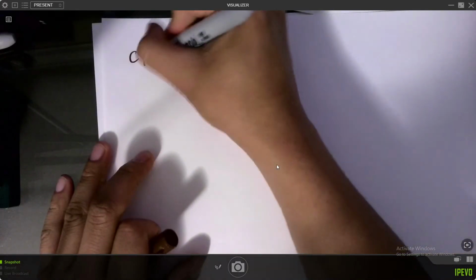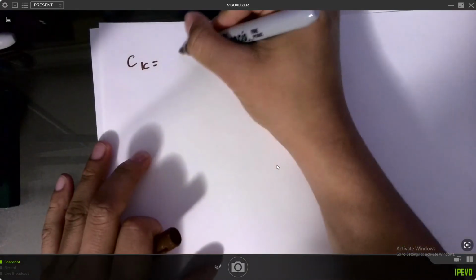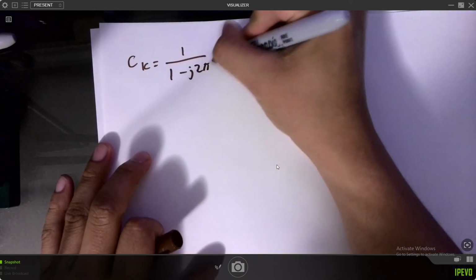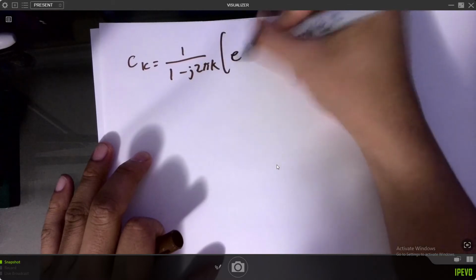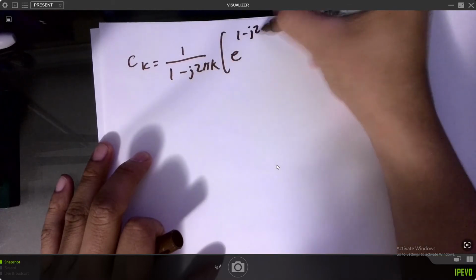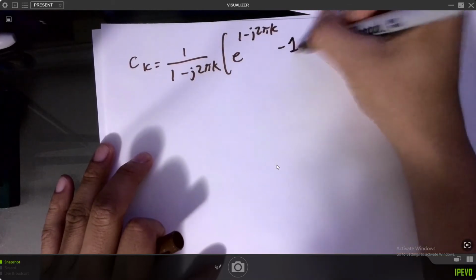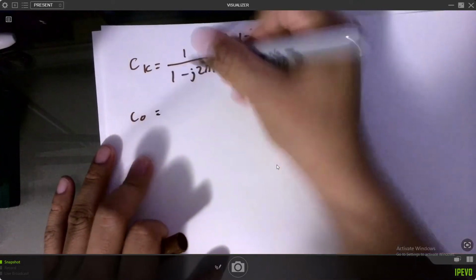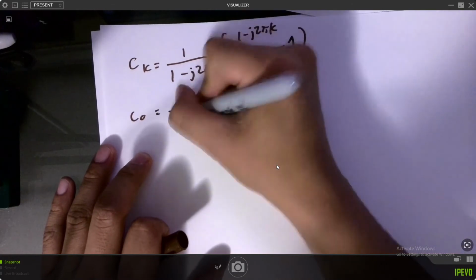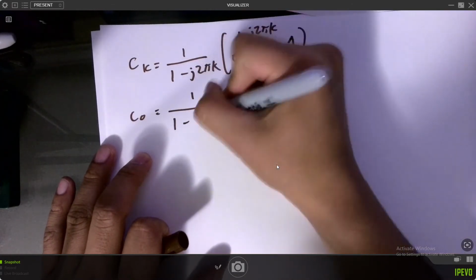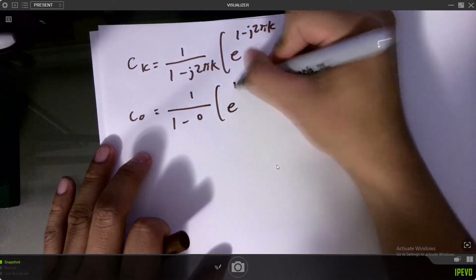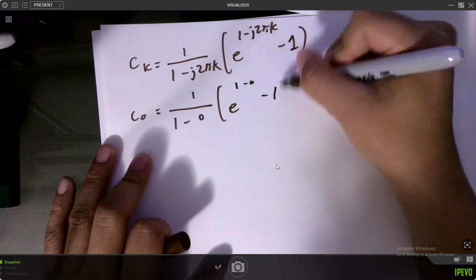So C of k, this is what you're going to be writing in MATLAB, is going to equal 1 over 1 minus j 2 pi k, times e to the j 2 pi k minus 1. So what happens at C of 0? This is our DC term, which is going to equal 1 divided by 1 minus 0, then e to the 1 minus 0 minus 1.